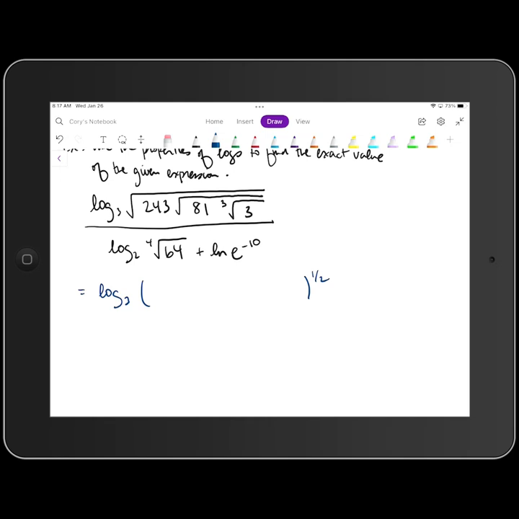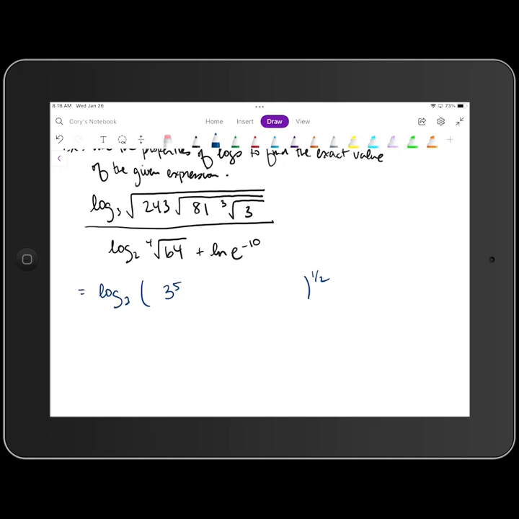When we look at 243, we know 3 to the first power is 3, 3 squared is 9, 3 cubed is 27, 3 to the fourth power is 81, 3 to the fifth power is 243. So I'm going to rewrite 243 as 3 raised to the fifth power. And then I'm going to take the medium-sized square root.